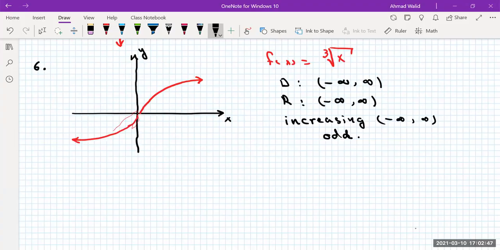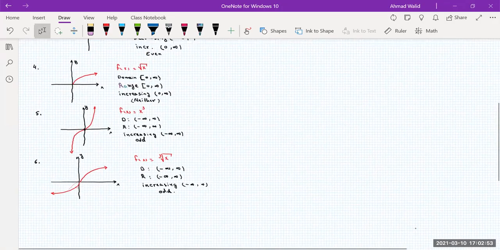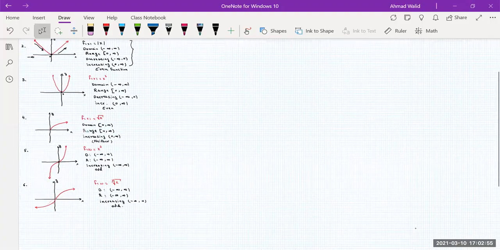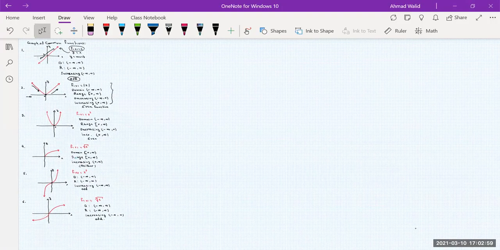We call these 6 functions that I listed here for you, all these 6 functions, the parent functions or the common functions.